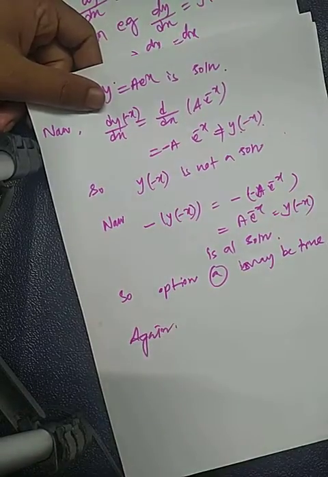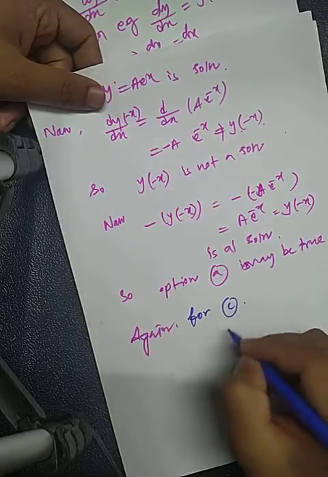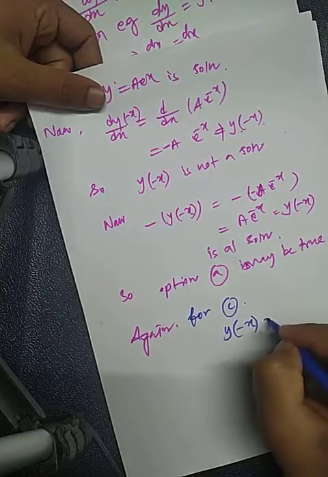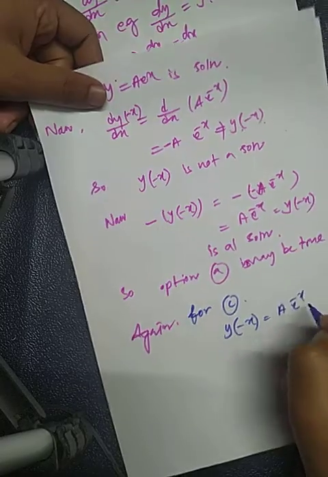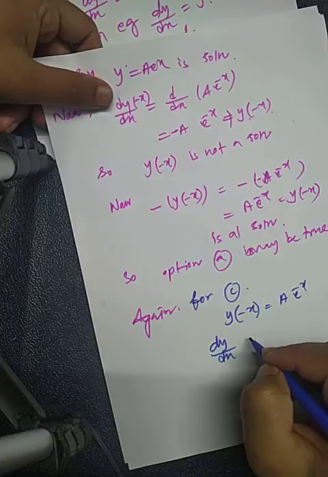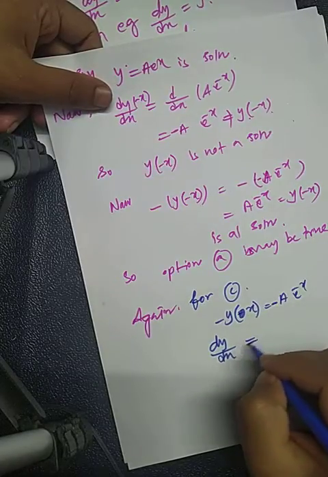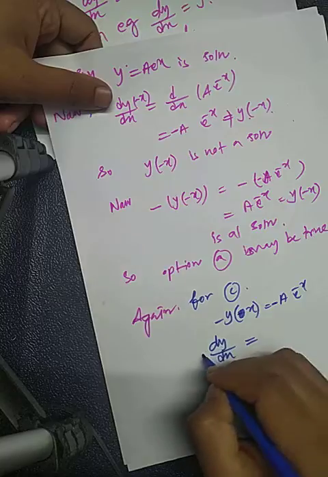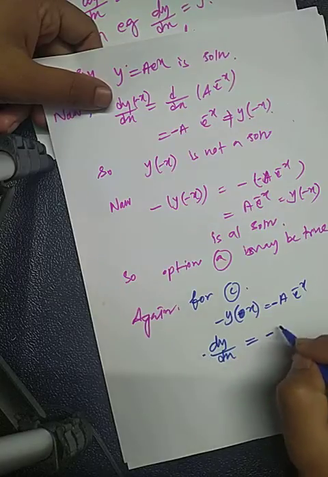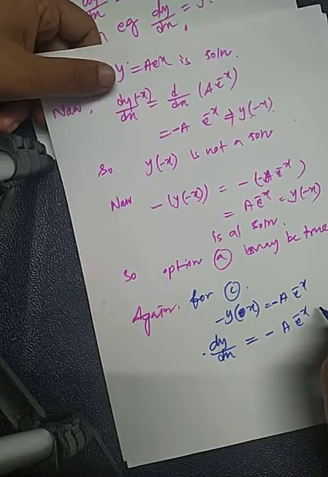Again for option C, y of minus x is equal to a e to the power minus x, so d/dx of y of minus x is equal to minus of a e to the power minus x.